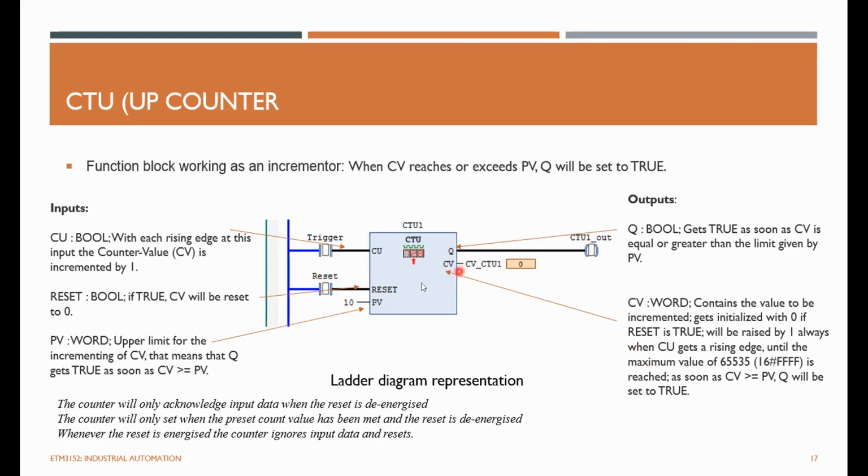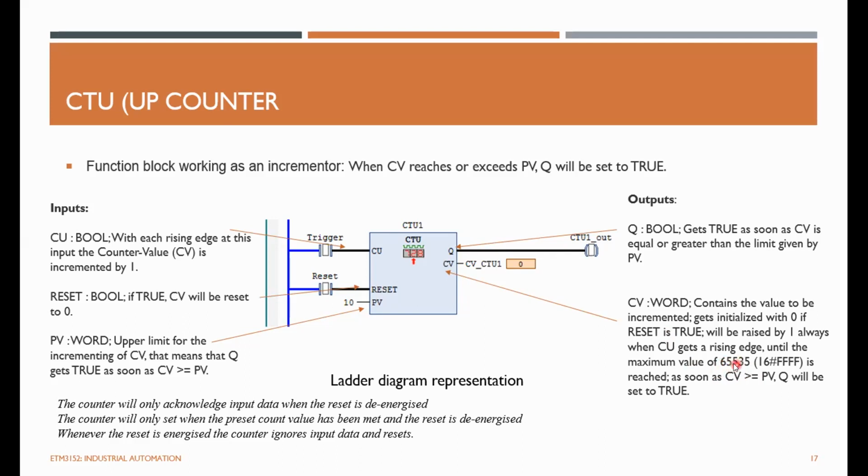The maximum value that you can have is 65535. This is the 16-bit FFFF value. Normally we are not getting into that level of values, but still, if you want to know the upper limit, this is the upper limit.